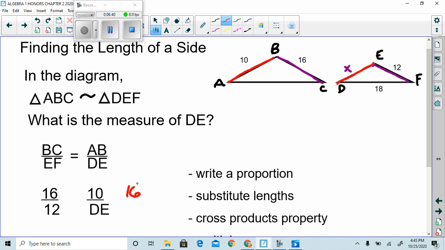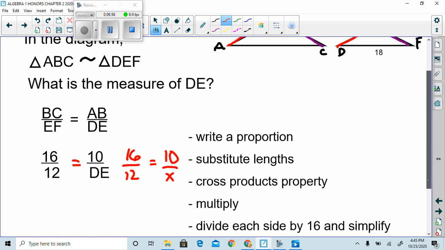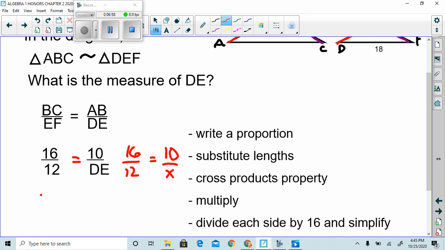So again, we can now look at this, and like I said, I would put 16, which is the measure of BC, is to 13 as we're going to put the measure of 10, which is AB, is to x. I'm just going to put an X there. It's easier to solve. So now let's do the cross products. 16x is equal to 12 times 10. Go ahead and multiply.